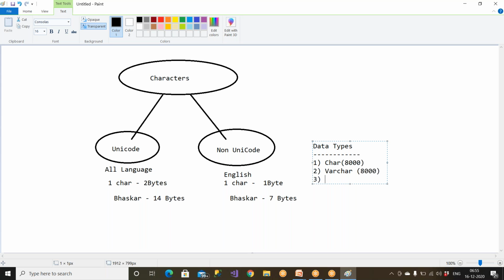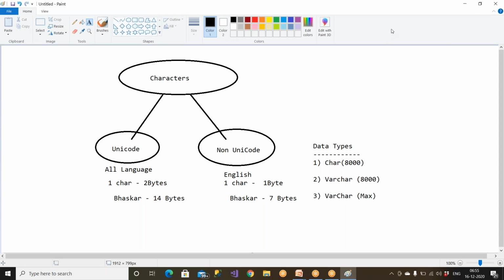And the next one is called varchar max. Clear? These are the three data types Microsoft is giving us, and these are completely for non-Unicode data. You can store purely English data.